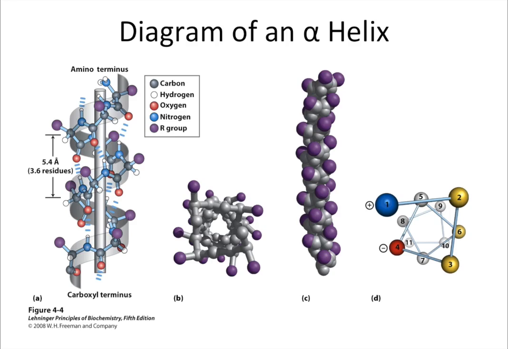So proteins in general can be in the folded state, that's their usual functional form, or they can be in their unfolded state. The folded state is essentially an organized structure that is stabilized by disulfide bonds and non-covalent bonds. Okay, we already talked about disulfide bonds.